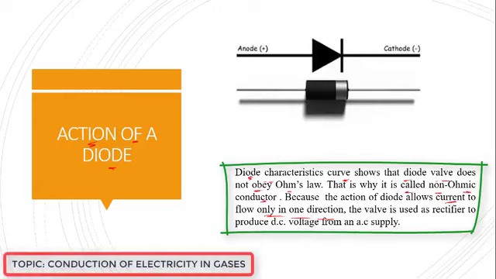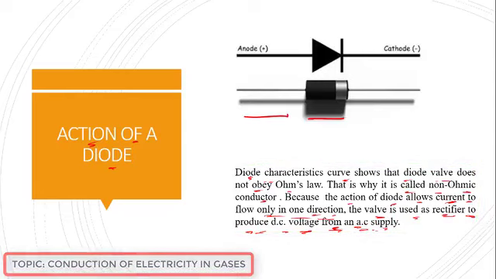The reason, like I earlier said, is that the action of a diode only allows current to flow in one direction. So the valve is used as a rectifier to produce DC voltage from an AC supply. Here you see the diode and what it looks like. Its electrical symbol is given by this.